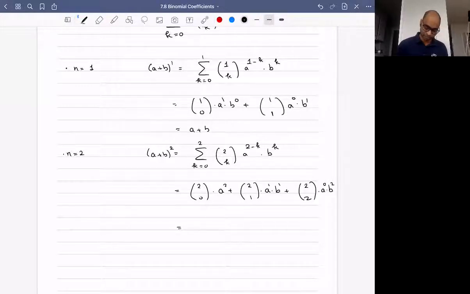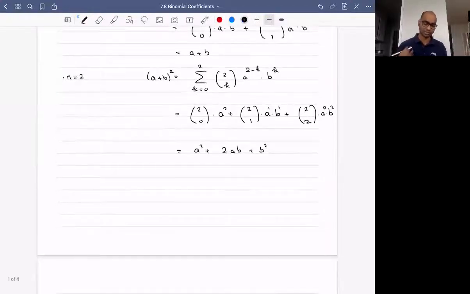And if you just compute these numbers, you'll get a squared plus 2ab plus b squared. So this is the formula that we all know. When you go to n equals 3, you start getting new results.